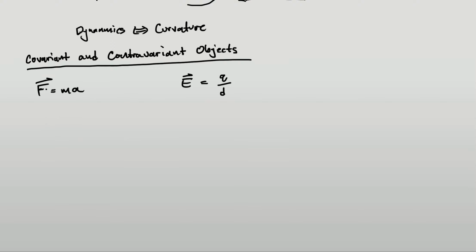And so, is there some sort of fundamental difference between this vector right here and this vector, other than the fact that one is a force and the other is a field?